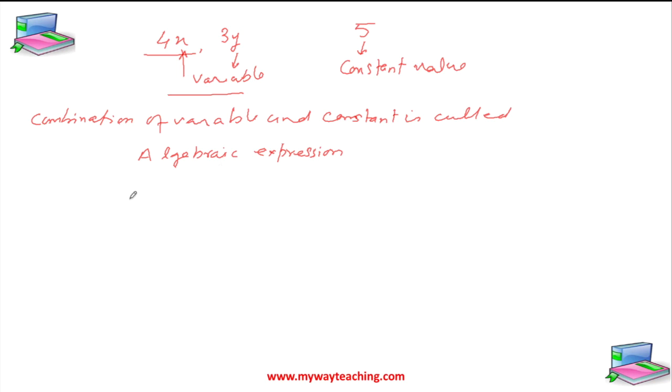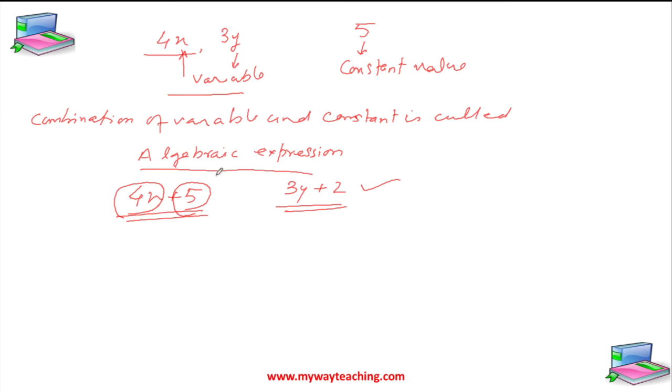So that means if we say 4x plus 5, it is an algebraic expression. If we say 3y plus 2, it is also called algebraic expression. So here is the variable, here is the constant. So the combination of variable and constant is called algebraic expressions.